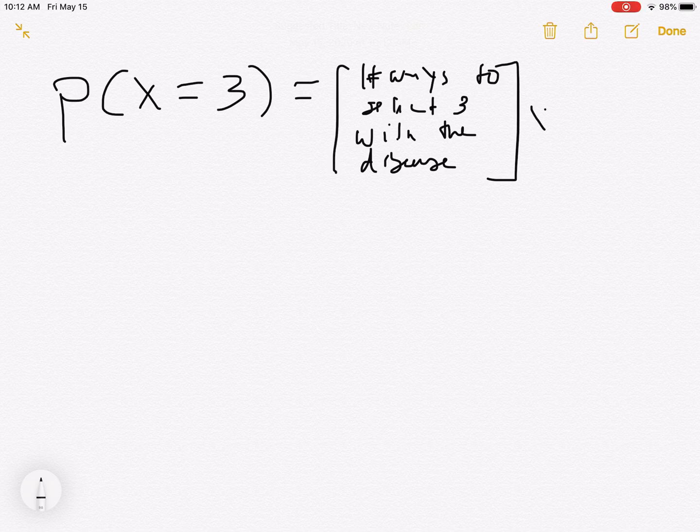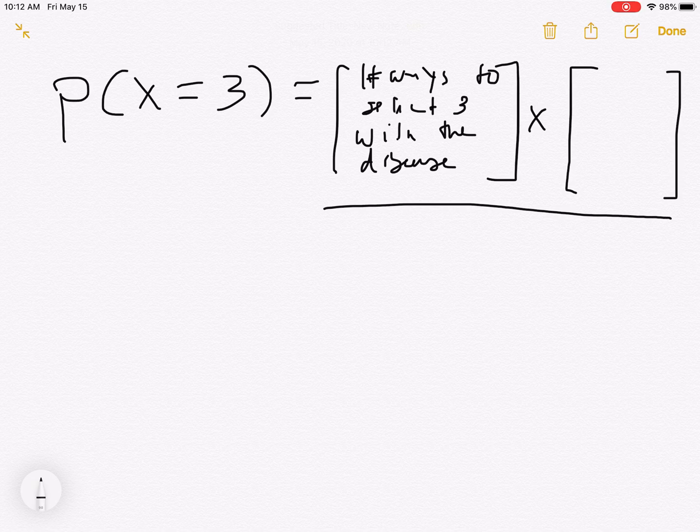Okay, then if we have 3 with the disease, we have a sample of size 5, right? So that means we need to select 2 without the disease. Without, okay. And then in the denominator, it's the total number of ways for the experiment to proceed.